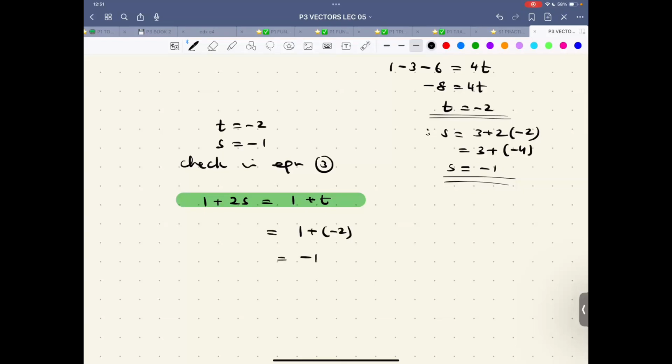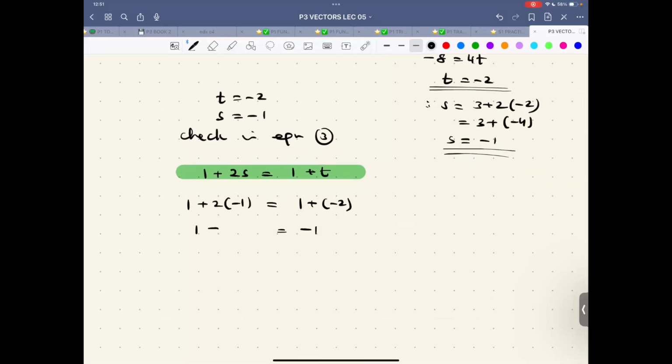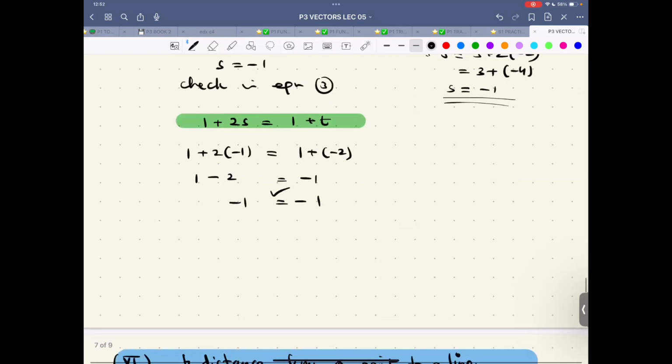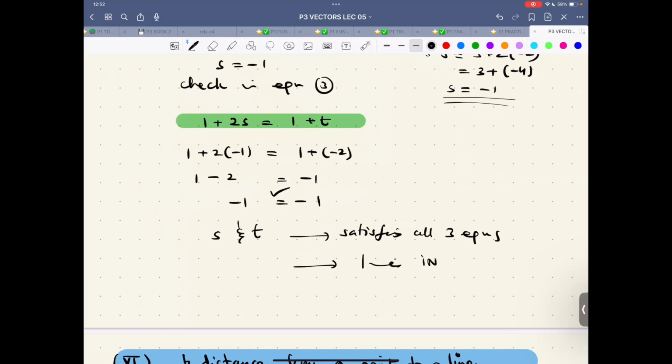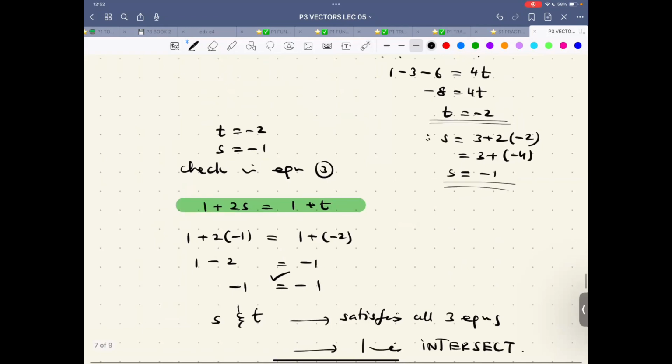And s is negative 1: 1 plus 2 times negative 1, which is 1 minus 2, and that is also negative 1. So negative 1 is negative 1. Yes, the parameters s and t satisfy all three equations. Therefore, the conclusion is the lines intersect. That's all about it. We are not interested in finding the point of intersection.